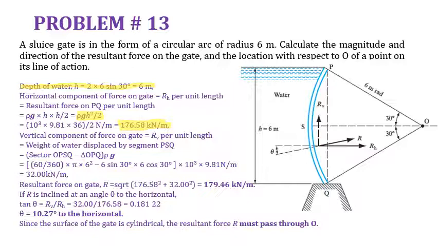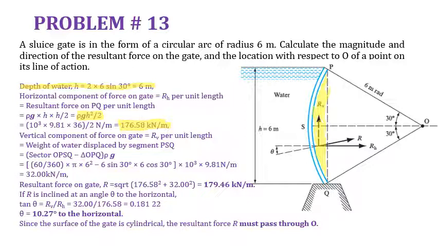Now for the vertical component, it will be the weight of the liquid supported by this arc. So it is basically the liquid supported from the P point, P, S, Q, and this center point, or you can say all the shaded area. So the liquid supported by this shaded or colored area, this we have to compute.